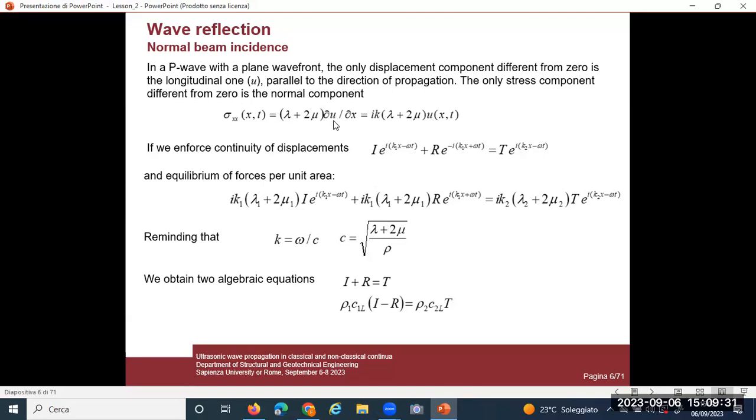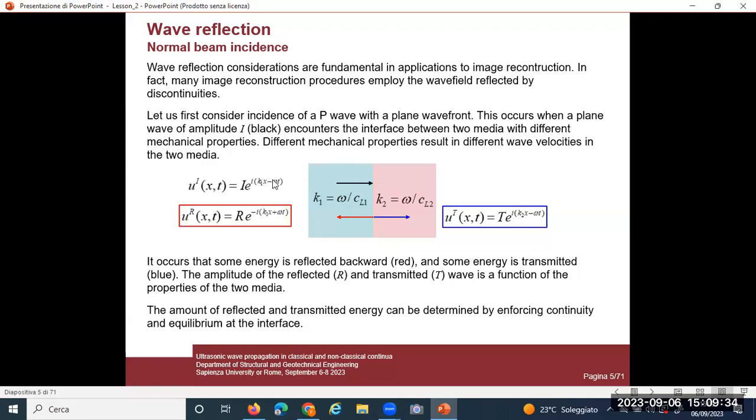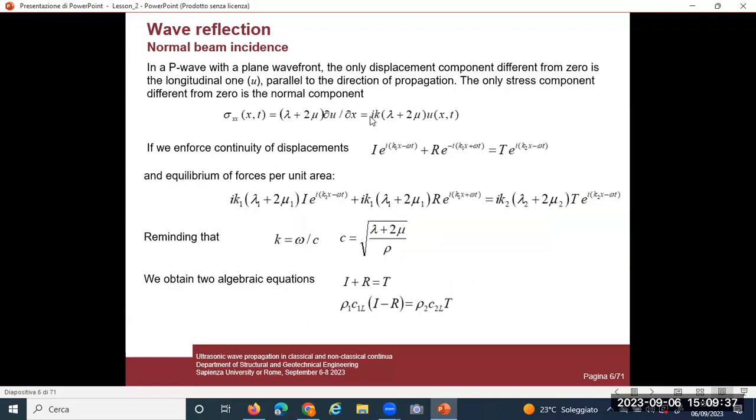You see that if u has this expression here, when you derive by x, you find a quantity which is exactly equal to the displacement u, but it has got different phase because this is multiplied by the imaginary unit, which basically rotates the vector by pi half, and it is proportional to u, and it is basically multiplied by the wave number.